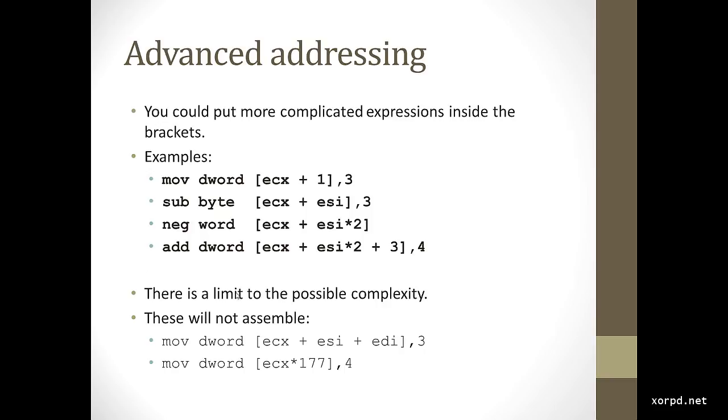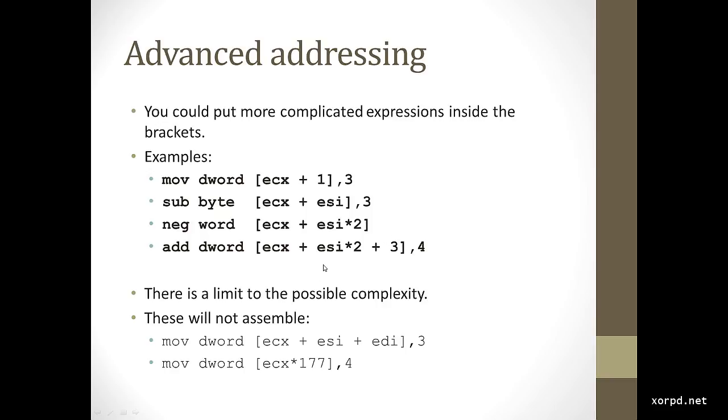So, for example, if you try to do crazy things, the instructions will just not assemble. For example, those two will not assemble. Move the word [ECX plus ESI plus EDI], 3. This one will not assemble because you use 3 registers. And usually you can only use a maximum of 2 registers.